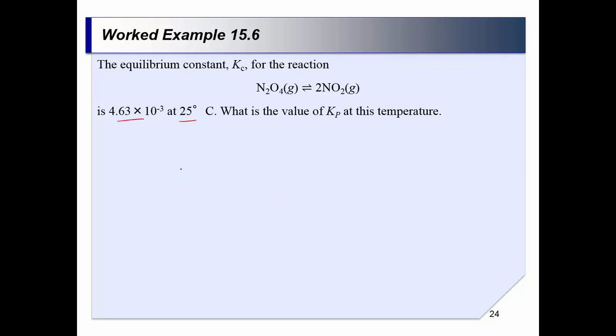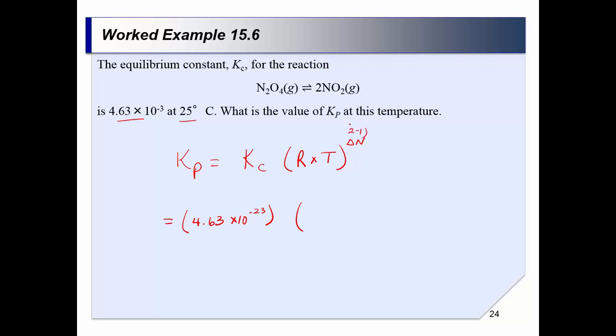Well, remember that Kp equals Kc times RT raised to the delta N. Well, Kc is given to us at 4.63 times 10 to the negative 23. And then we have our RT term. Now our RT term is going to be raised to the delta N. In this case, delta N is 2 minus 1, which is 1.